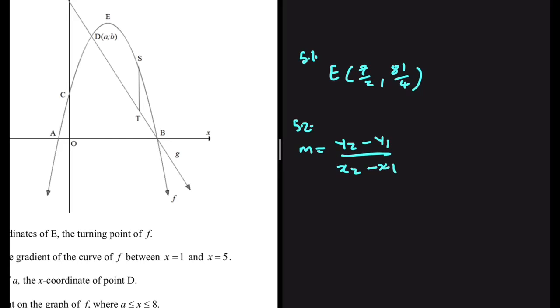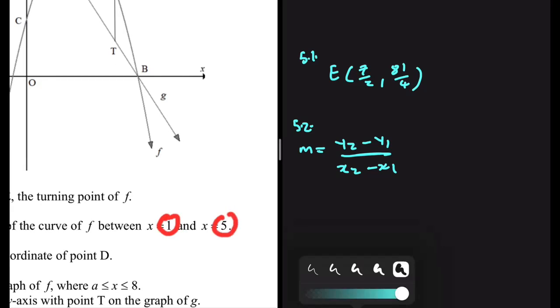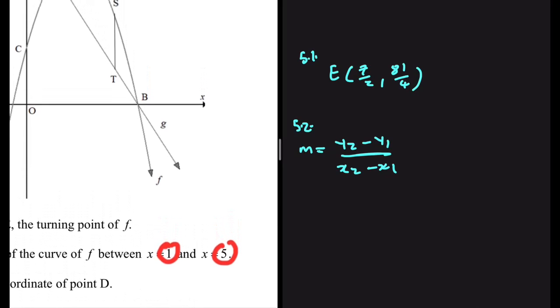In our situation, we are given x1 and x2: x is equal to 1 and x is equal to 5. So we can find the y value when x is equal to 1 and the y value when x is equal to 5. How are we going to do that? It is easy. We're just substituting into our function f of x.